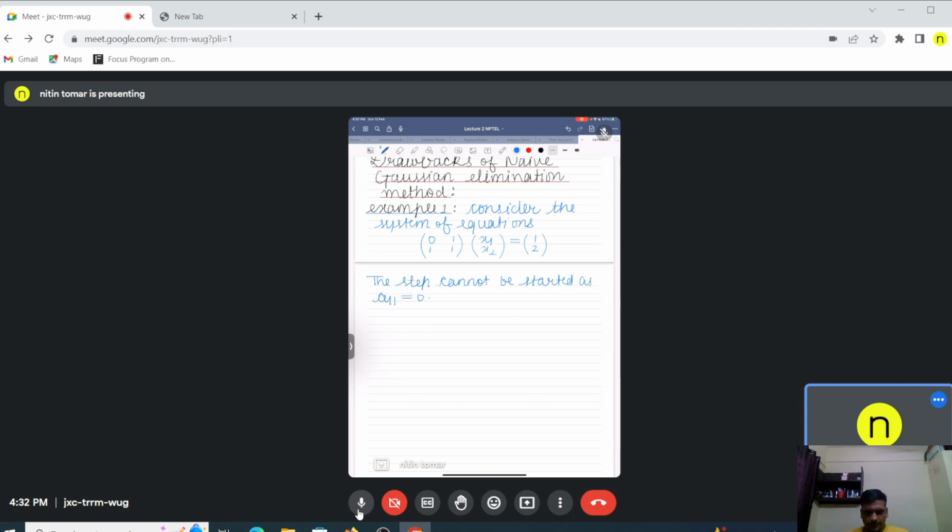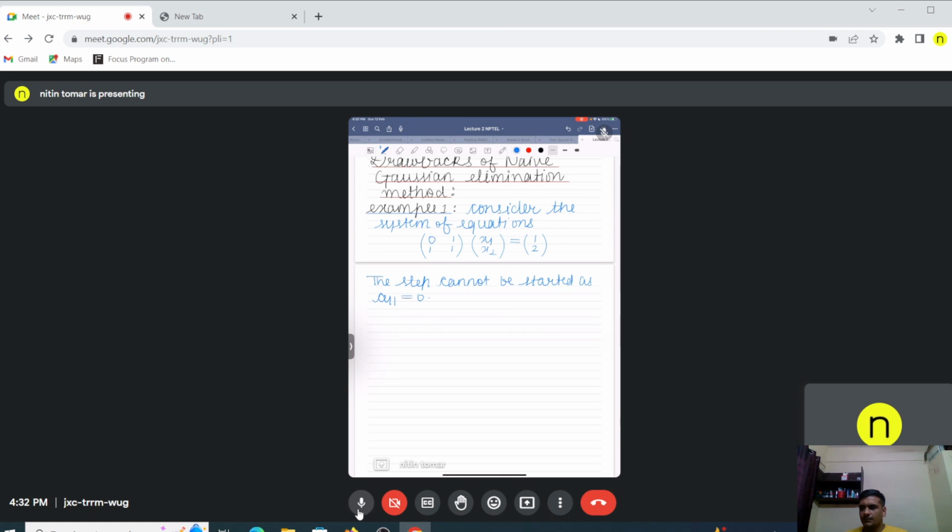So it won't interchange these two rows unless we ask it to do so. Are you getting my point? Once again, you might feel Gaussian elimination will work if we interchange the first row and second row.